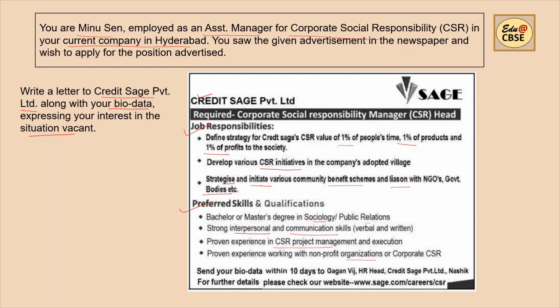Then strategize and initiate: the person has to strategize and initiate a few projects, a few schemes, so that the people in the adopted villages, it's written the company's adopted village, so they have to work for the welfare of the people there. So like this, if you read the advertisement carefully, you will take out the skills and qualifications that are required from there only. So there's nothing to be learned about it.